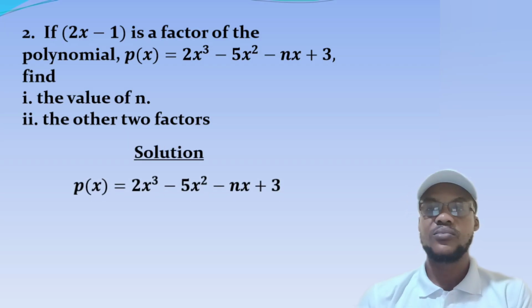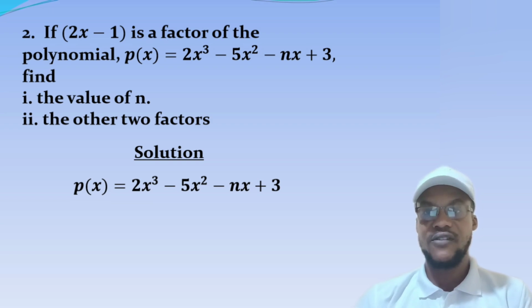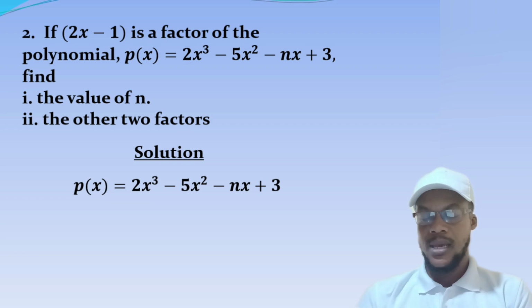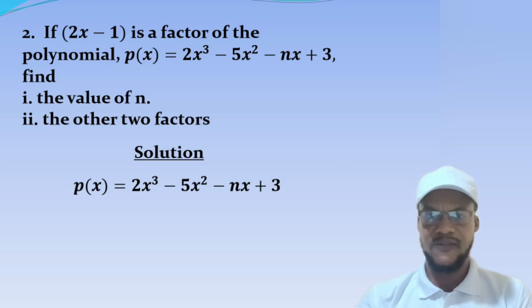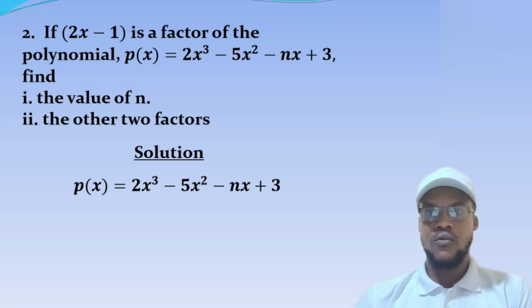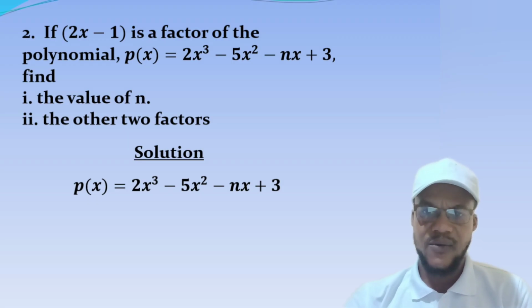First of all, let's put down our polynomial function. Then we find the zero. As I said, always find the zero of the divisor, and whatever answer you get, you substitute. The value that it gives you becomes your remainder.